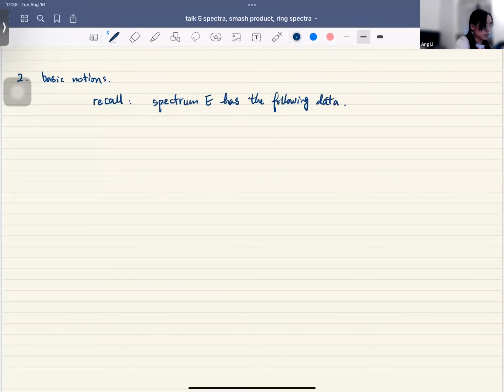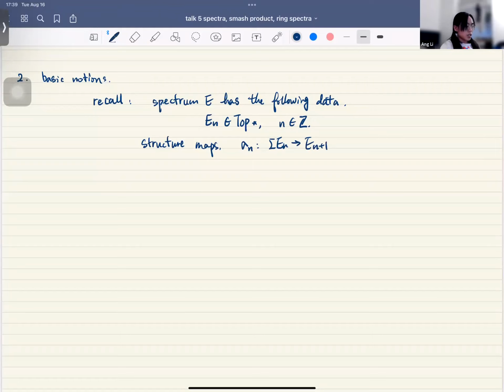All right, so as we already saw, let's recall that a spectrum has the following data. First you have a sequence of based spaces E_n, and you have structure maps σ_n from the suspension of E_n to the next level, E_{n+1}. And by putting various conditions on the E_n and the structure maps σ_n, we can obtain special spectra as a subset of the collection of spectra.